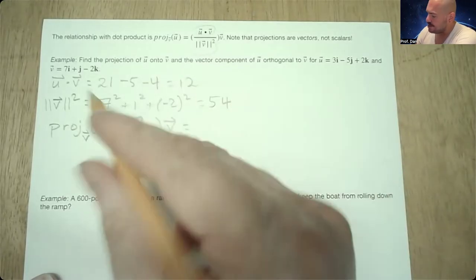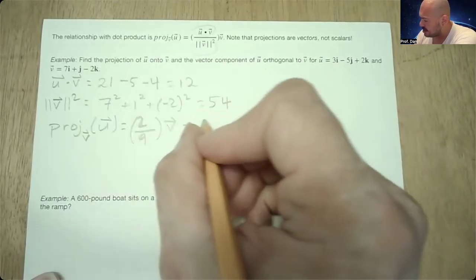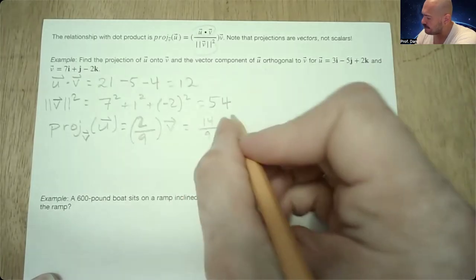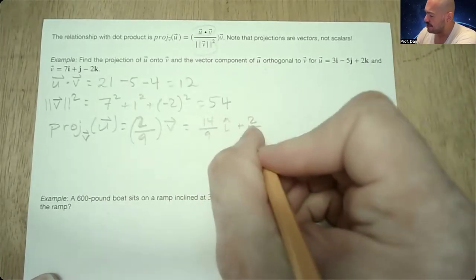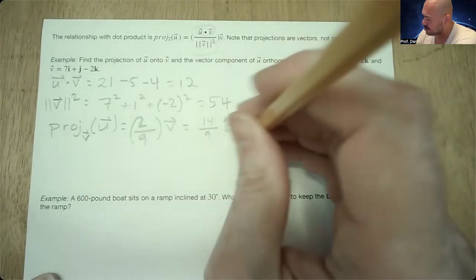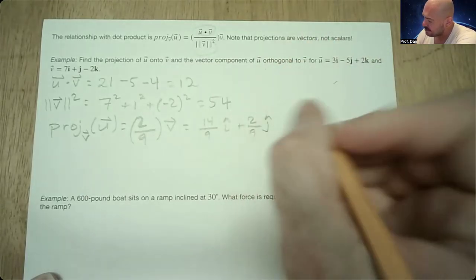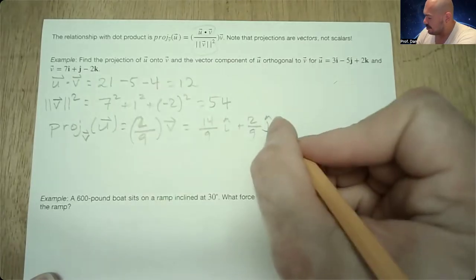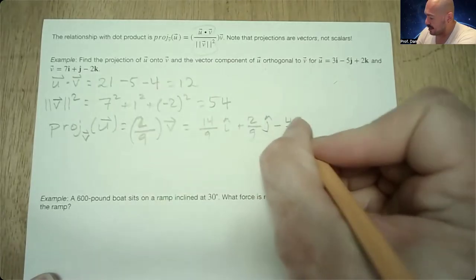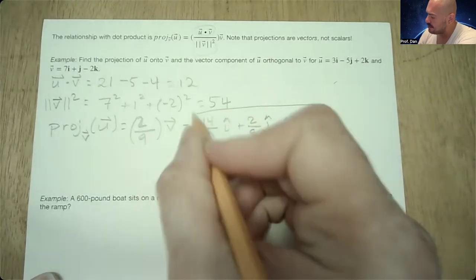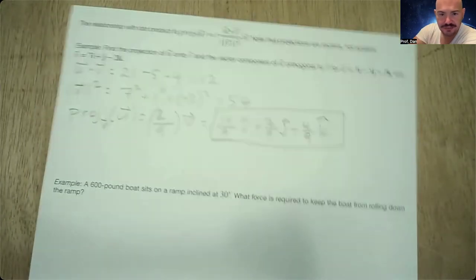So we know that the projection is going to be 14 over 9 i plus 2 over 9 j minus 4 over 9 k. That is our projection vector.